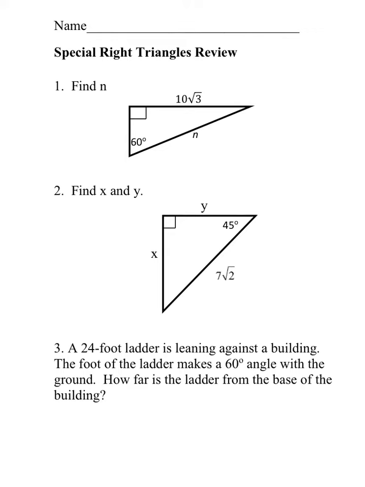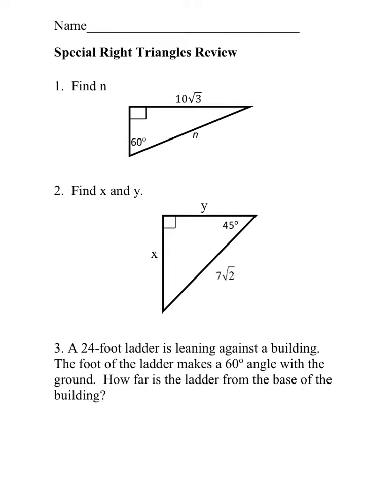First thing, I know even the title at the top says Special Right Triangles Review, but this covers Pythagorean Theorem, Special Right Triangles, Geometric Mean. So for most of you, if you're in your spirals, you need to be going from around page 36 to 42, which covers all this material we've looked at.